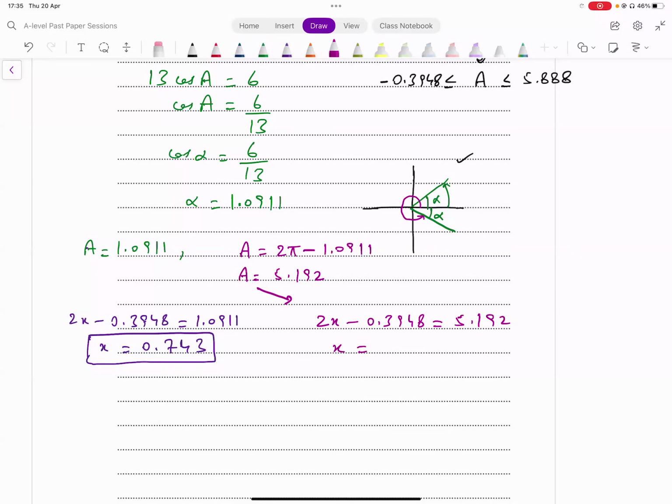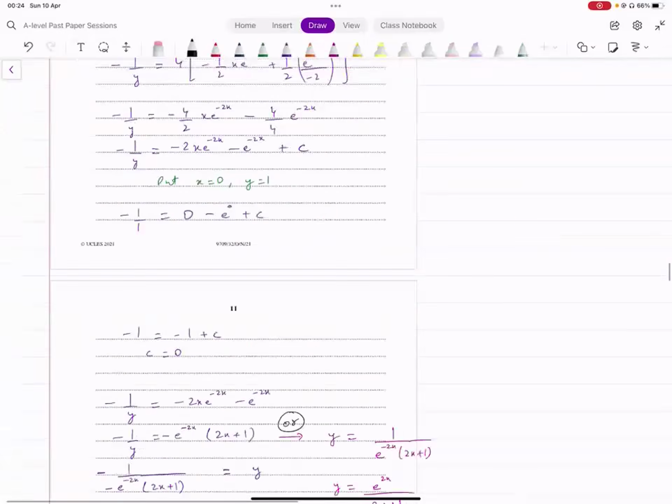So 5.192 plus 0.3948, that divided by 2, gives us 2.793. This is the other value of x that I'm getting from this. So the two values of x that we get as answers here are 0.743 and 2.793. Okay, good.